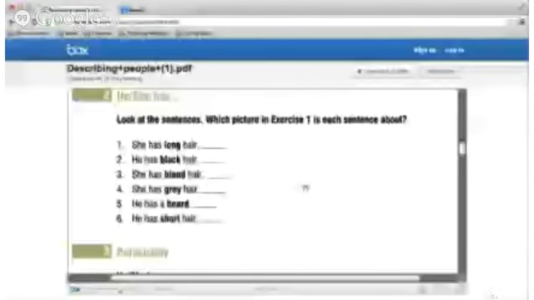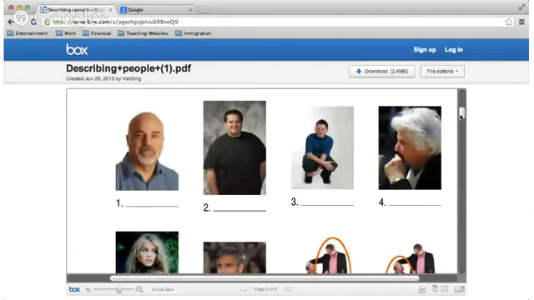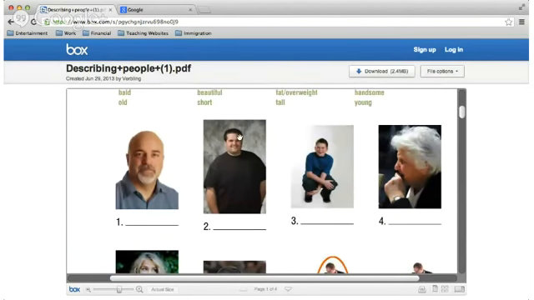Number 2 is for Roman. So he has black hair. I think it's second and third picture. So second, and yeah, both of them have darker hair, right? Yes.